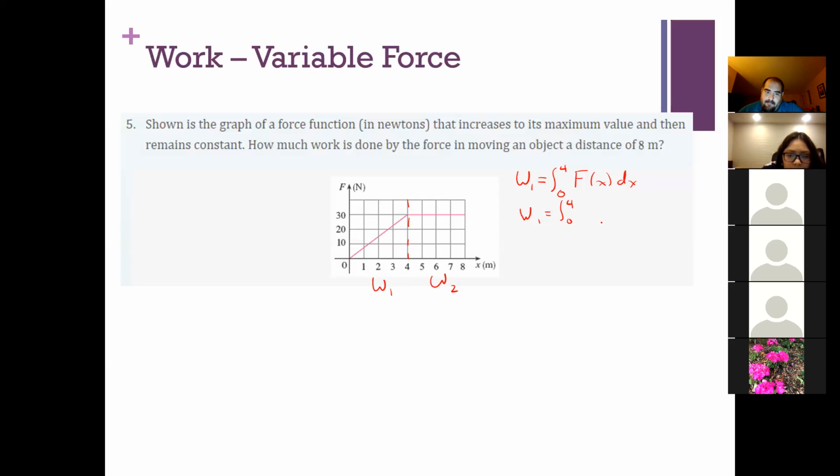Rise over run. Yep. And just to illustrate it, I'll leave it unreduced at 30 over 4x dx. Which we integrate, that comes out to be 30x squared over 8, from 4 to 0.